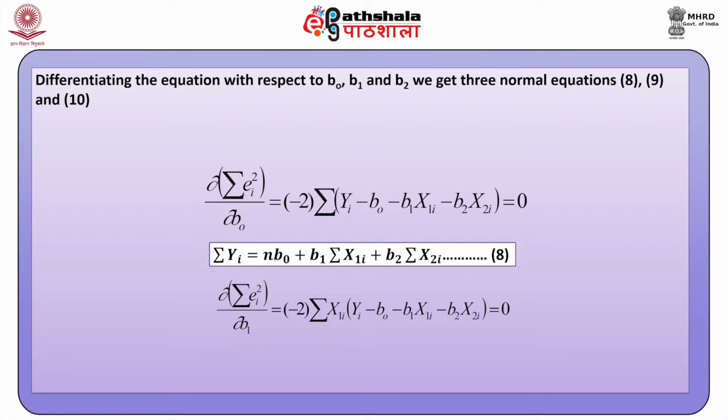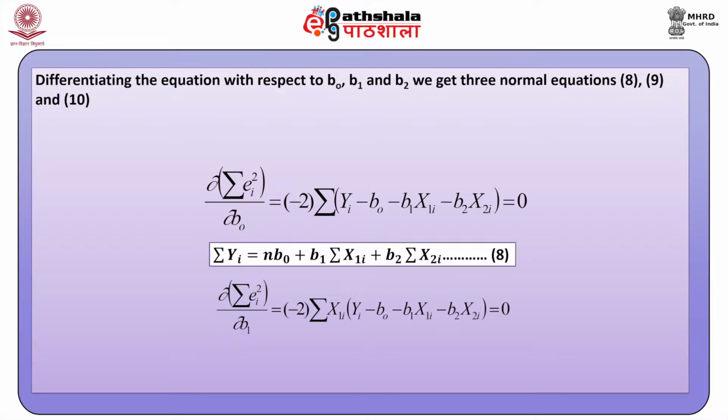By differentiating the equation with respect to b naught, b1 and b2, we get three normal equations 8, 9 and 10 as shown. Delta of sigma ei square upon delta b naught is equal to minus 2 sigma yi minus b naught minus b1 x1i minus b2 x2i equal to 0. Sigma yi is equal to n b naught plus b1 sigma x1i plus b2 sigma x2i.